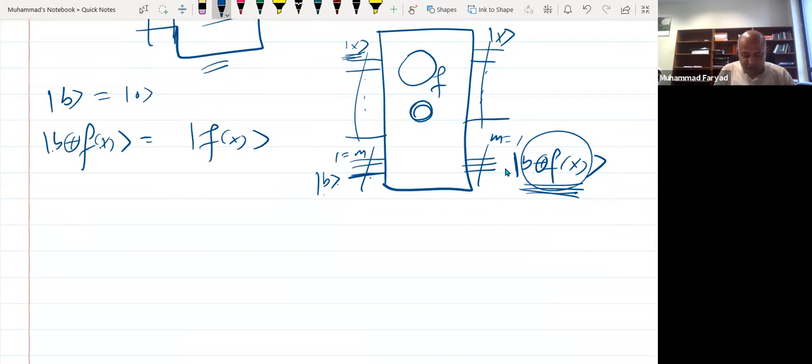If b is 0, f is 0, 0 plus 0 is 0. So this is essentially f of x. So you can call it an amplitude oracle or a bit oracle or just an oracle. The other possibility is that, so let's call it amplitude oracle, just to differentiate it from phase oracle.